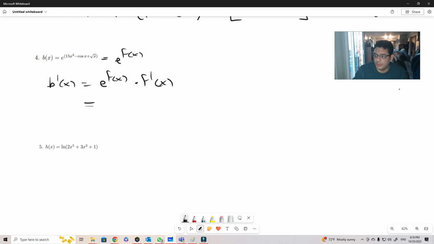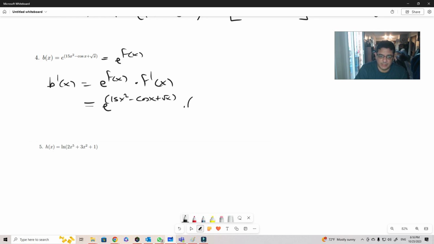So hopefully that's gonna be a different approach from what we also have in the solution. That is, I'm doing it with the outside function and the e to the stuff. And so in this way you can have two different ways of seeing this. Now we just say what this is, e to the 15 x squared minus cosine of x plus the square root of x, so same thing.